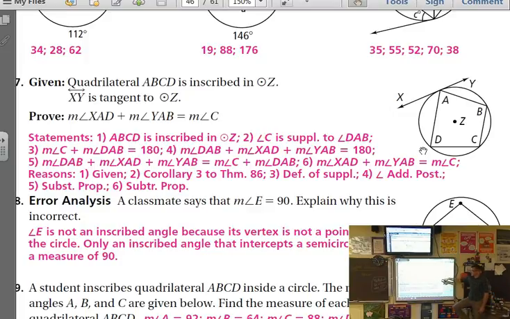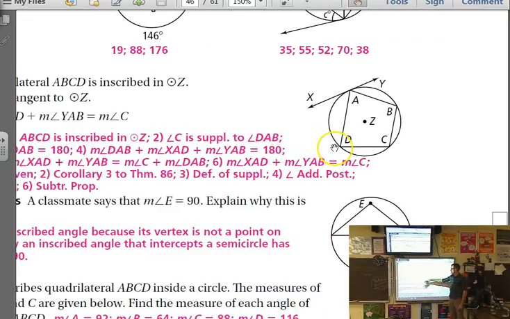Ignore their explanation. We are trying to prove that this angle plus this angle equal this angle. If I were just to talk and reason through it, we know that angle C is going to be supplementary with angle A, right? Because they intercept opposite arcs. You with me there?